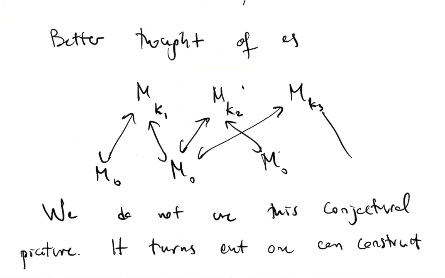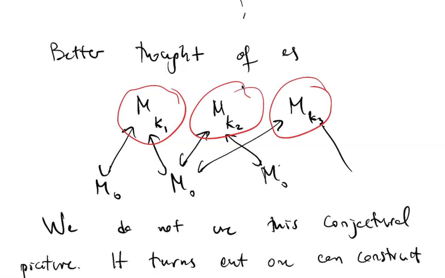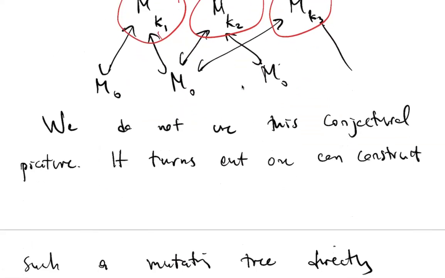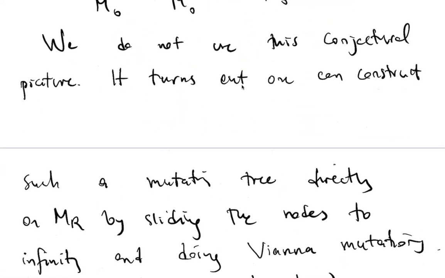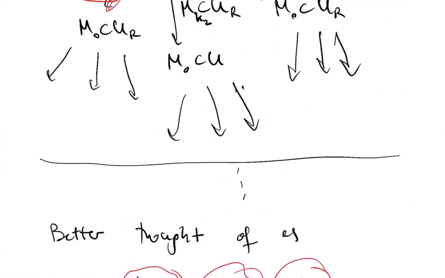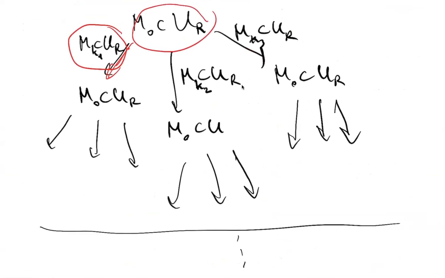It's better to think of this diagram as you have these pieces and you glue them along M0s. I don't need to actually use this conjectural picture. I can construct exactly this diagram if I'm given an MR: if I think of an Eigenray diagram and the symplectic manifold, then by sliding nodes to infinity and doing Vienna mutations as I described, I can construct a cluster tree like this.